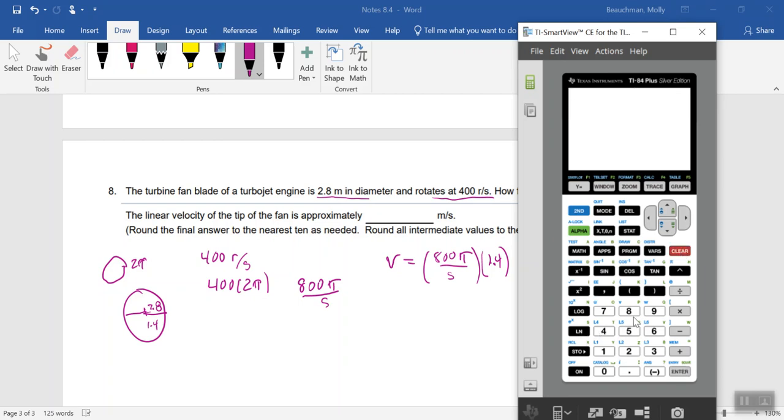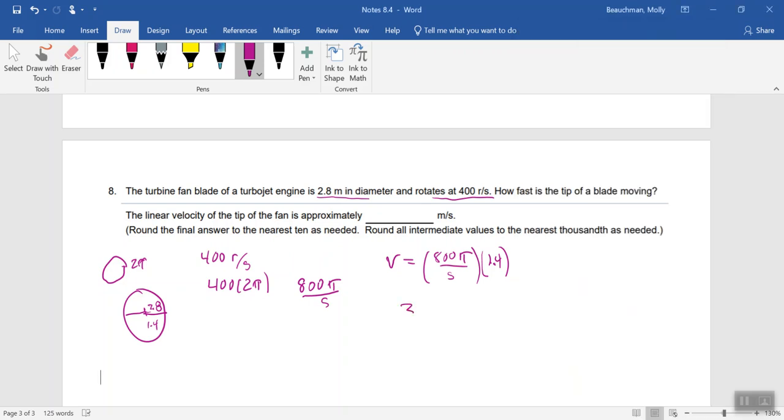So we get 800 times pi times 1.4 equals 3518. Rounded to the nearest 10, we would round up to 3520 meters per second.